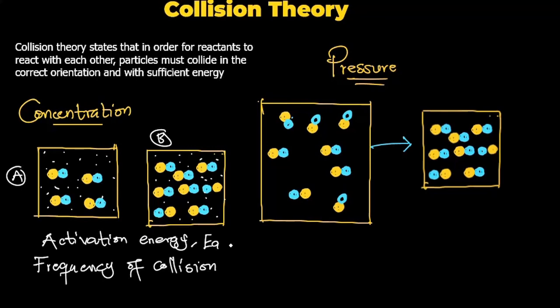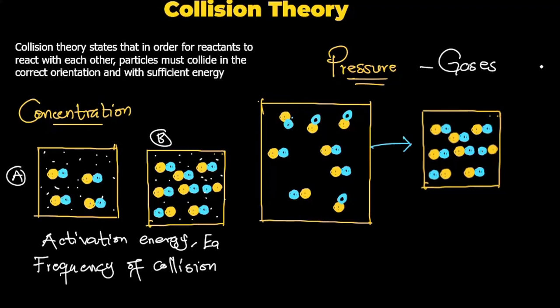So on the right, I have pressure. One way to increase the speed of reaction or rate of reaction is by increasing pressure. And this one has to do with gases. So this takes place in gases. When it comes to liquids or solids, we do not consider pressure. But for gases, we look at pressure.